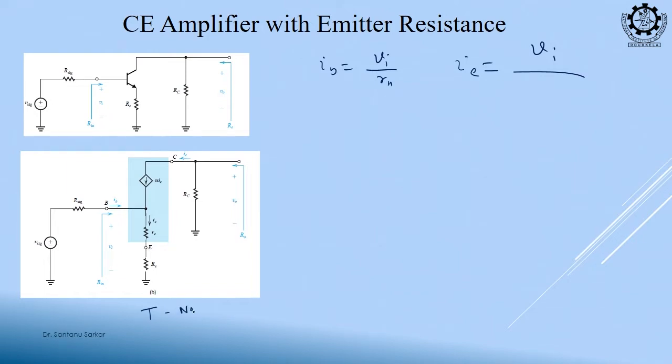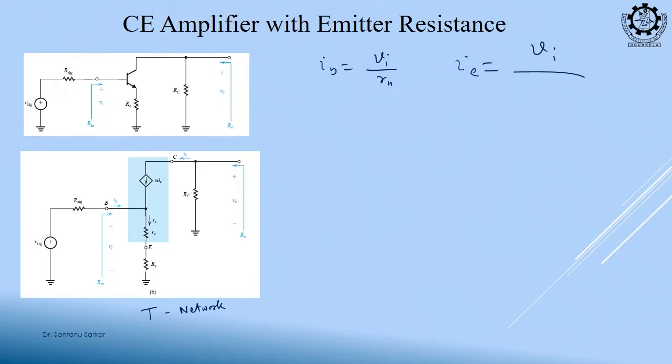This is equivalent to your 2 port network or hybrid pi network, but sometimes the T network is useful, sometimes the hybrid pi network is useful. In case we have an RE, the T network is useful. In Sedra and Smith, they have followed this model, but you can do the same thing with your pi model also, no problem.